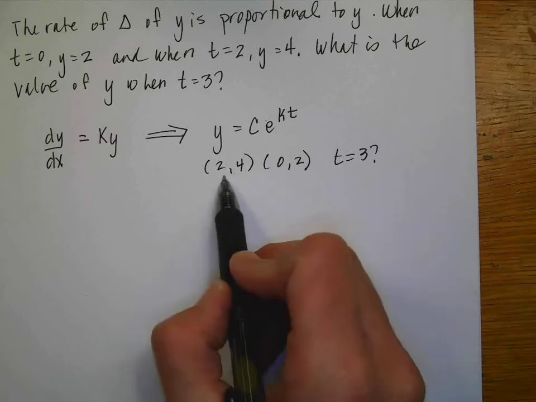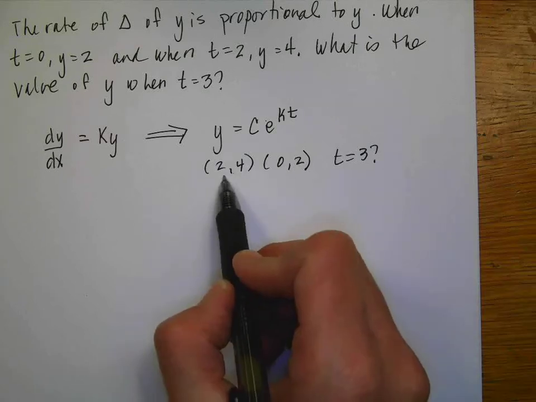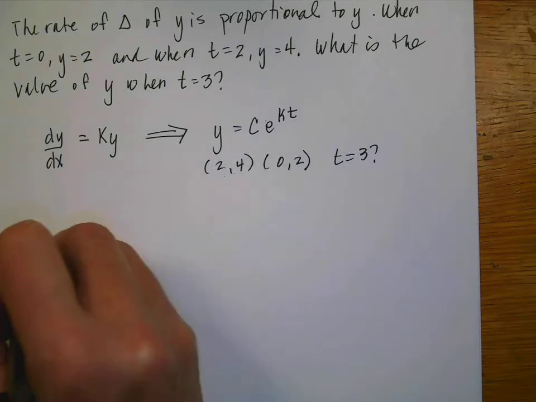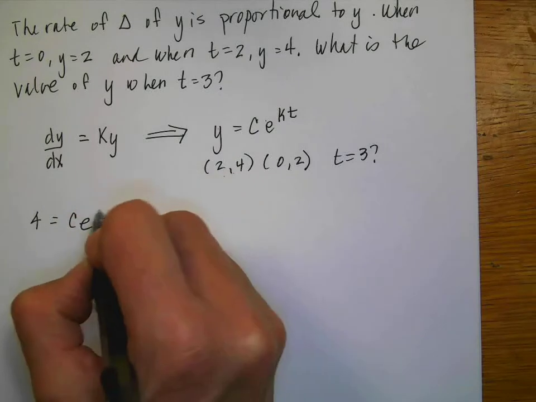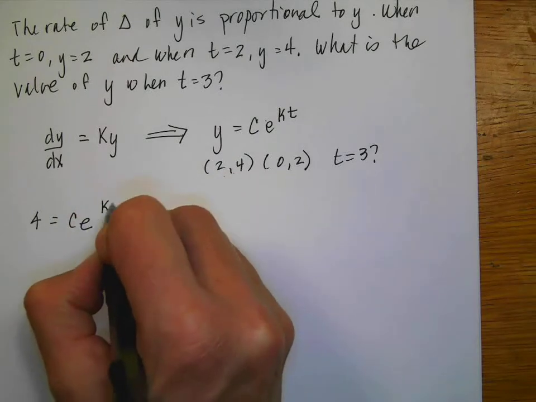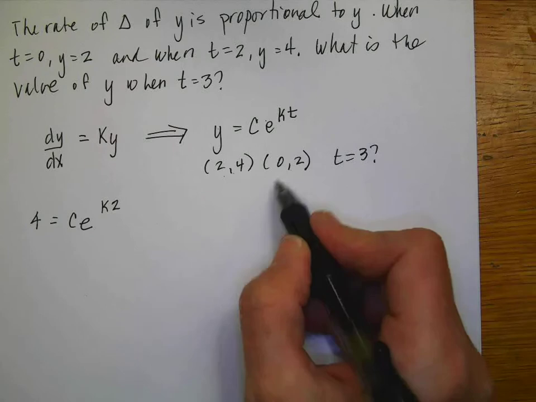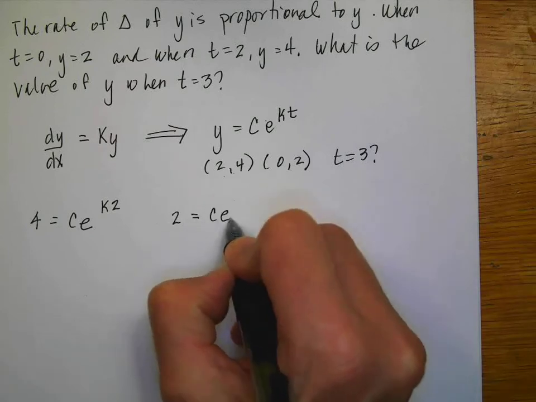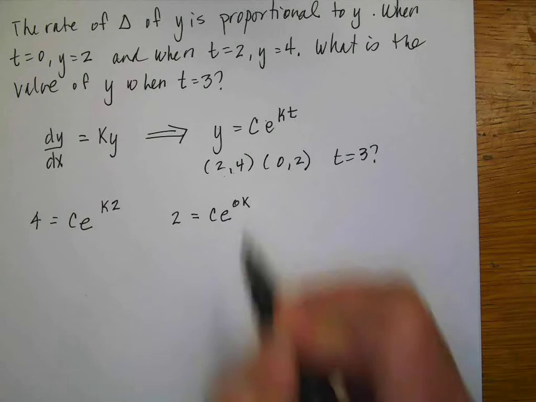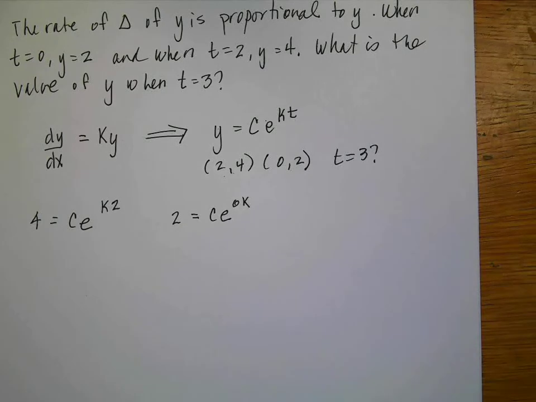All right, so c is my initial value, and I don't know that, so I'm going to have to find it. So I use this information to find my initial value, okay? So I'm going to do 4 is equal to C e to the k, I don't know what my k is, but I know that time is 2. And then I can write this equation, and I can say 2 is equal to C e to the 0k.